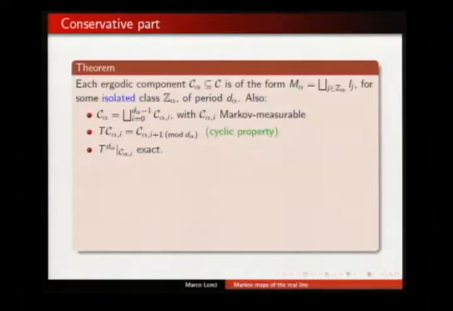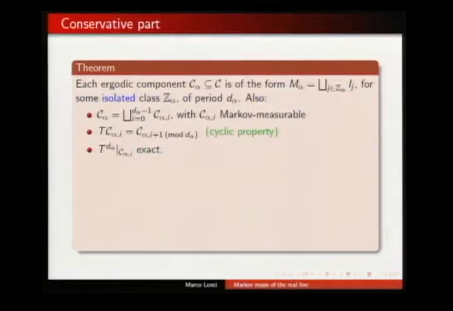This is, if you wish, a structure theorem, in the way of, if you're familiar with hyperbolic theory, Pesin's theorem or the Katok-Strelcyn theorem. Anyway, it says that your conservative part can be split into at most countably many components, and each component is itself made of cyclic components, as you see. It splits into d parts, and these parts are cyclic in this sense.